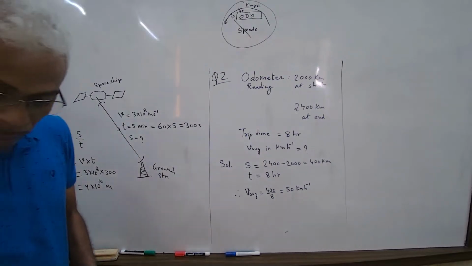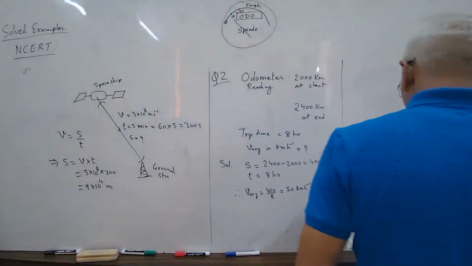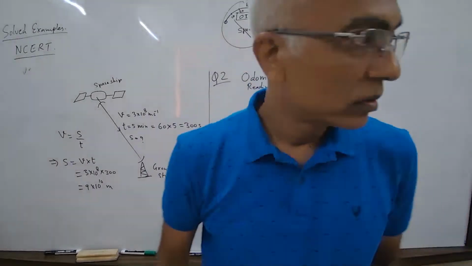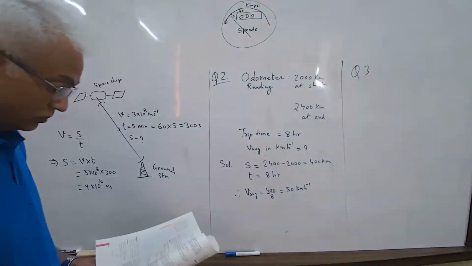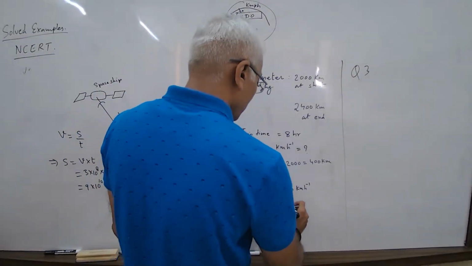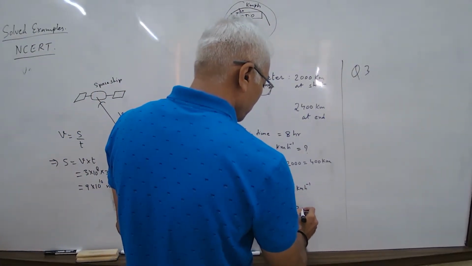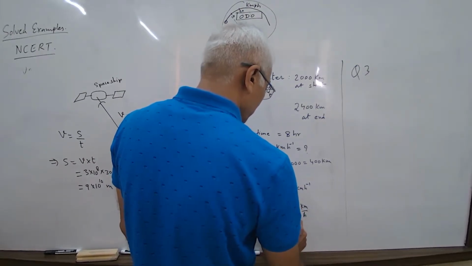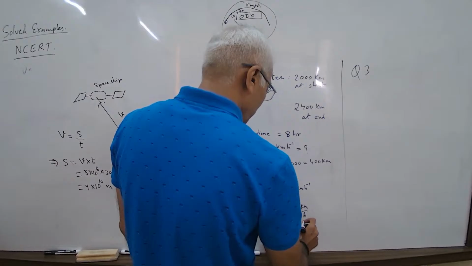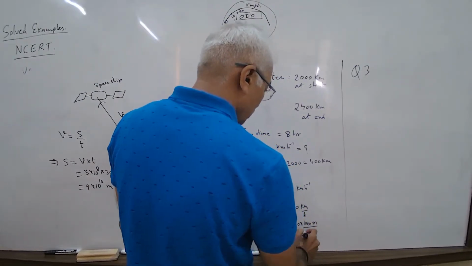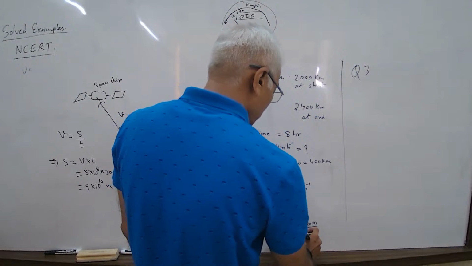Okay, now let's come to the third example of NCERT. Second question, second part is already there. Converted into meter per second. So meter per second, and this is kilometer per hour, right? Convert kilometer into meter. So 50 into 1000 meter. An hour is 60 into 60, which is 3600.